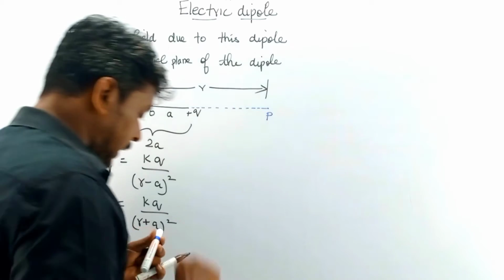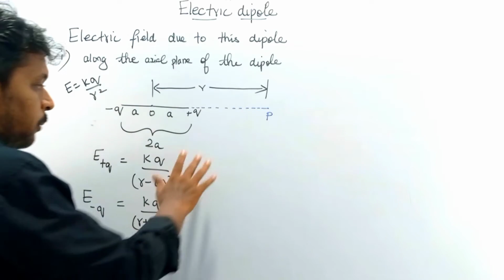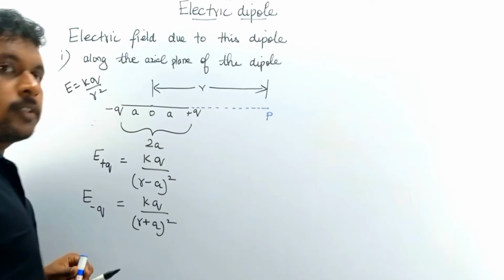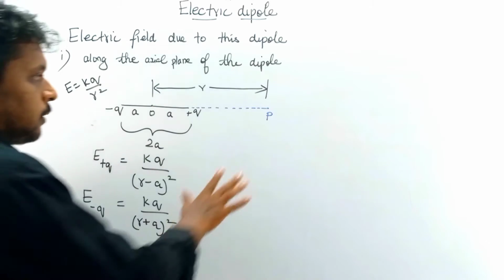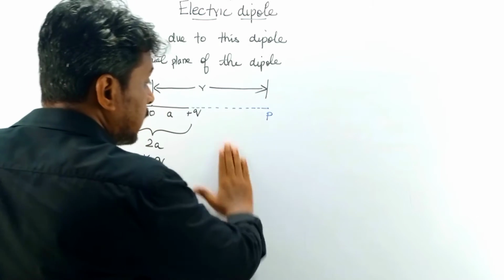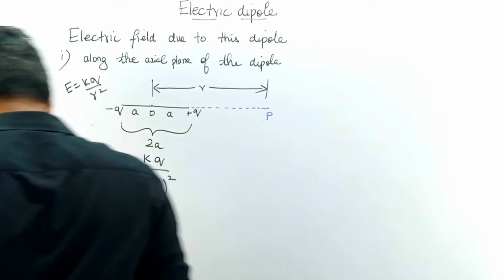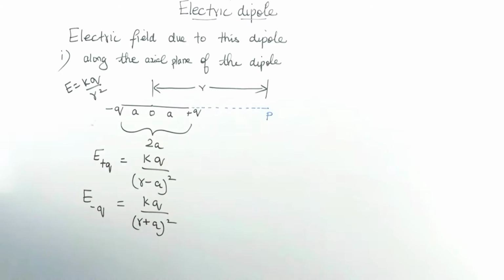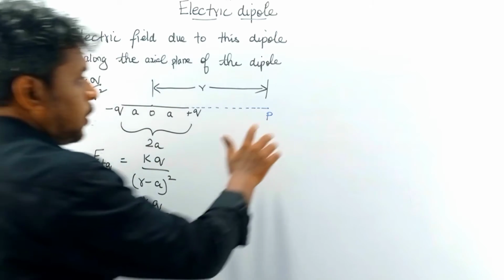Now what is the net electric field? Before talking about the net electric field magnitude, what is the direction of the electric field due to the two charges at this point P?